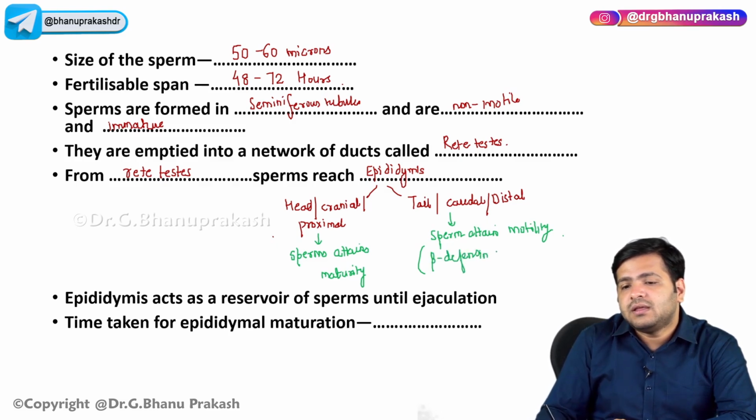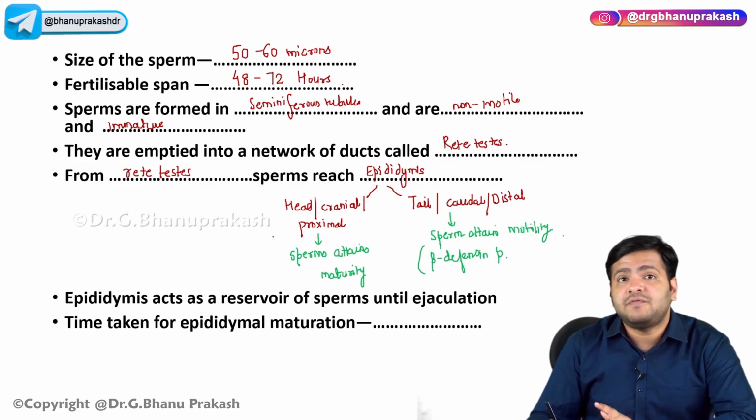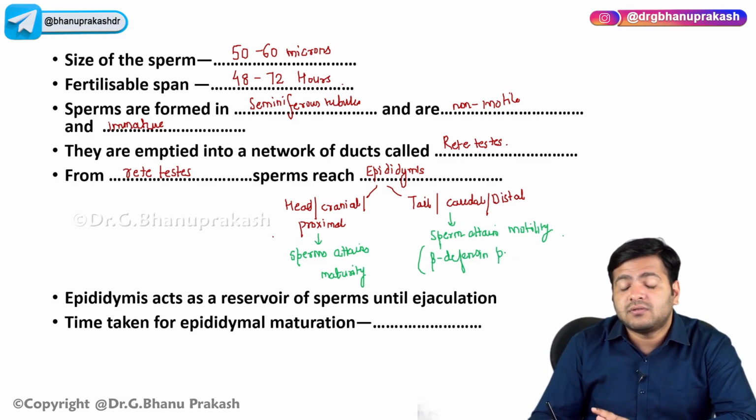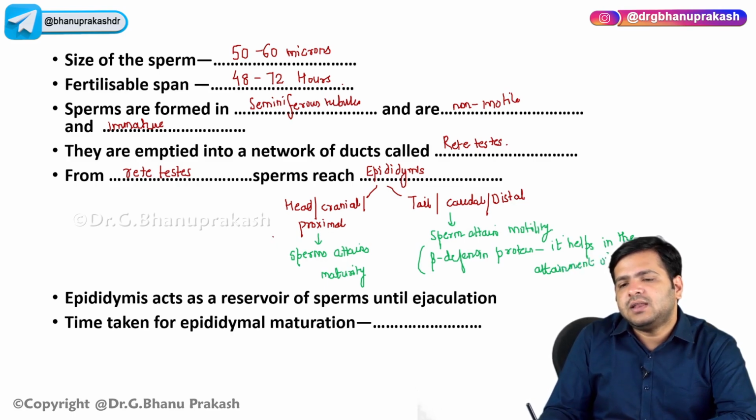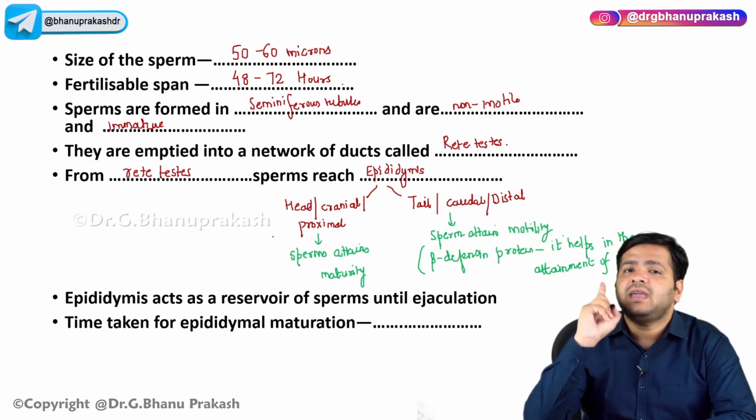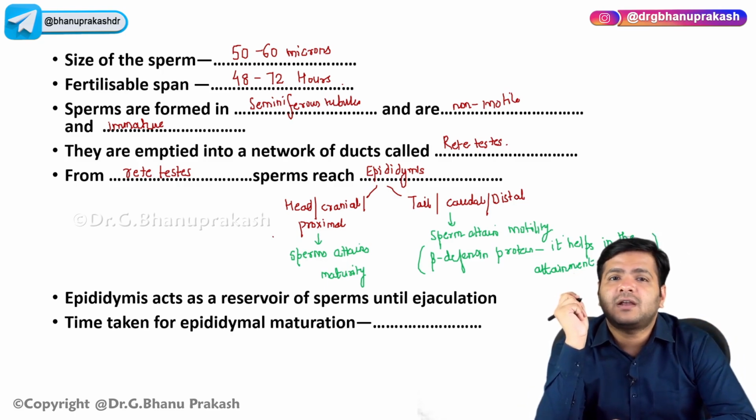This protein helps in the attainment of motility. Maturity and motility are two different questions. Maturity comes in the head part, and what comes in the tail part?